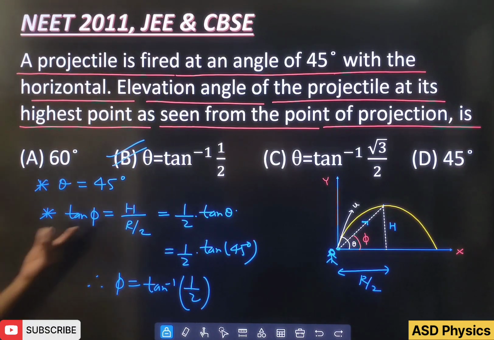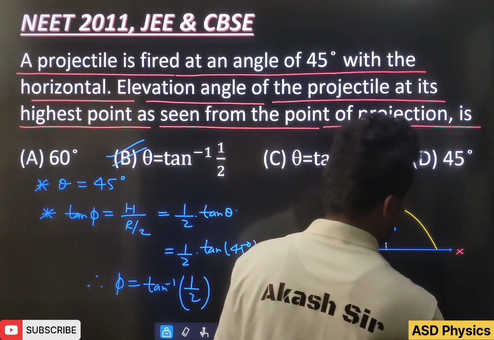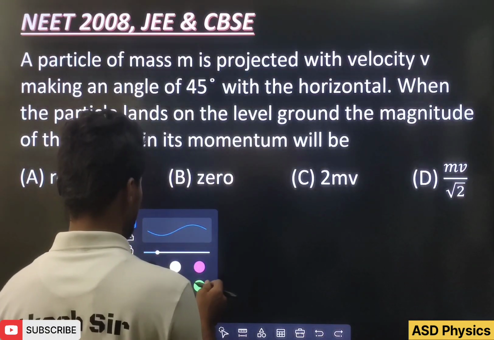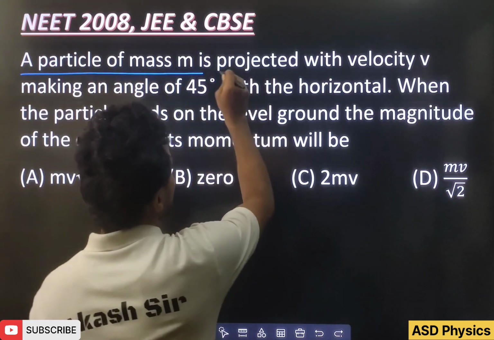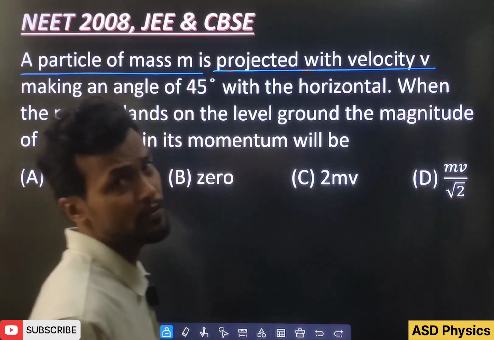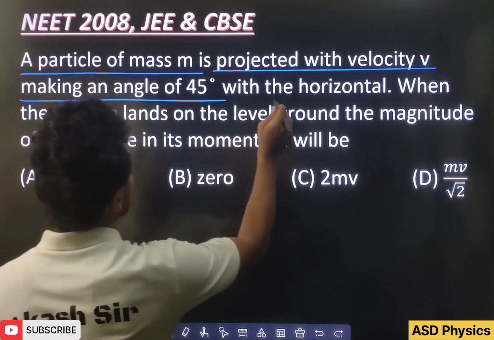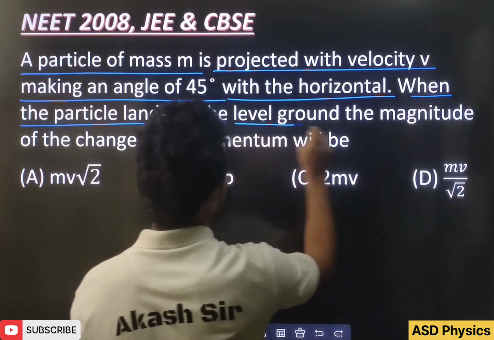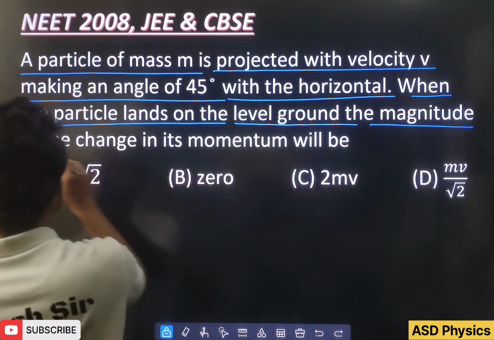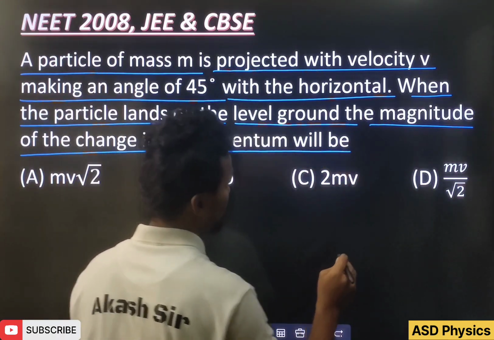Remember the formula, tan phi equal to half tan theta, phi is the angle of elevation, theta is the angle of projection here. Next one, let's see, the question is, a particle of mass m is projected with velocity v making angle of 45 degree with the horizontal. When the particle lands on the level ground, the magnitude of the change in its momentum, how much here?